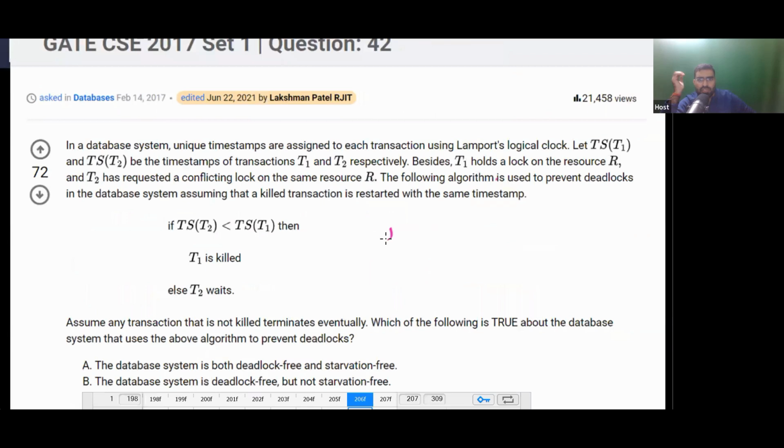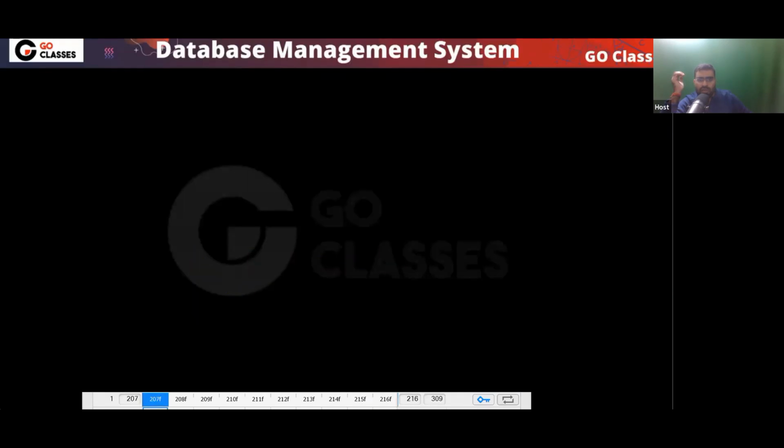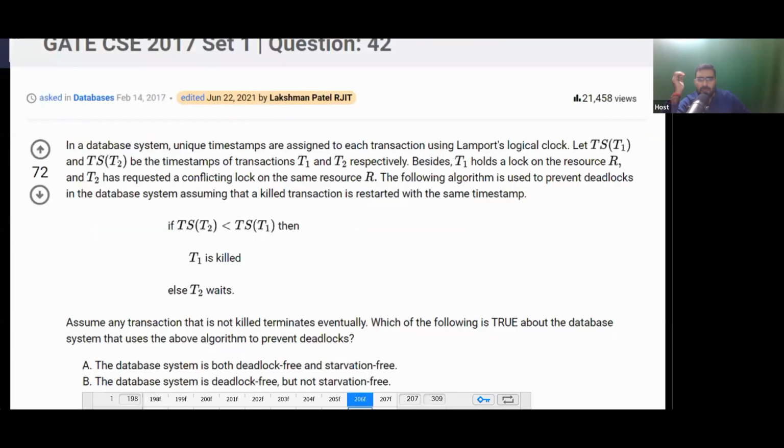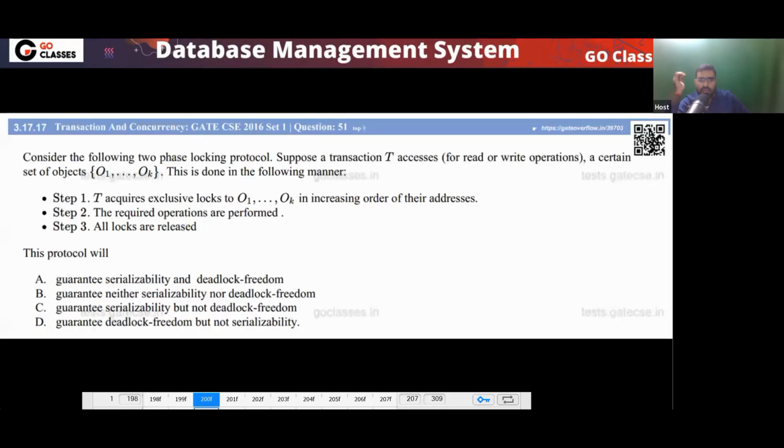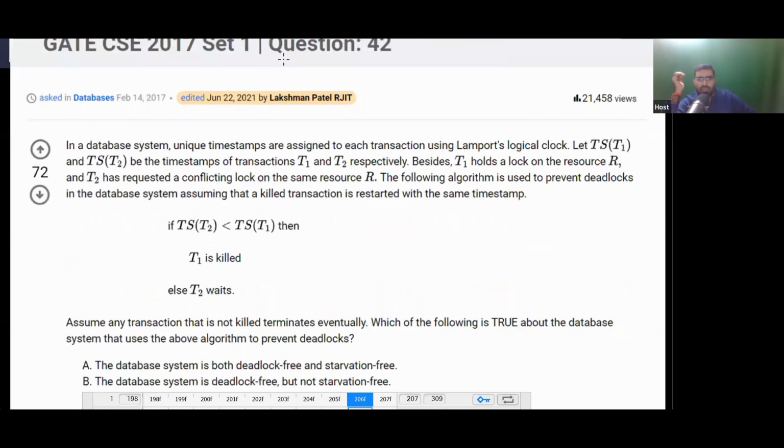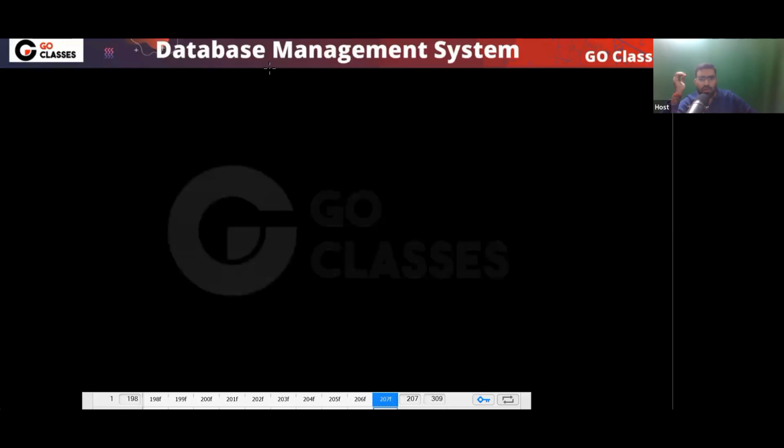This is another GATE question on the same topic. Can you notice there are a lot of GATE questions on the same topic? So can I give you these questions as homework? Try them. I have full confidence in you, you will be able to do them. We will discuss them in the next class, but don't worry. You can do these questions easily.